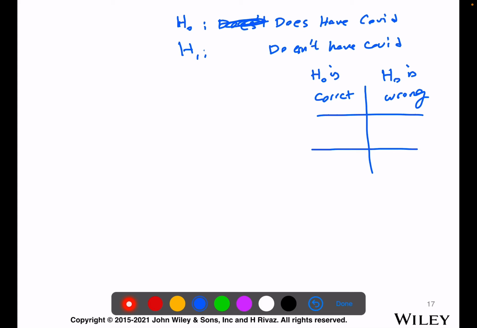So here I'm going to write down the diagnosis, maybe with another color. Right? So the diagnosis can be either has COVID or doesn't, right?